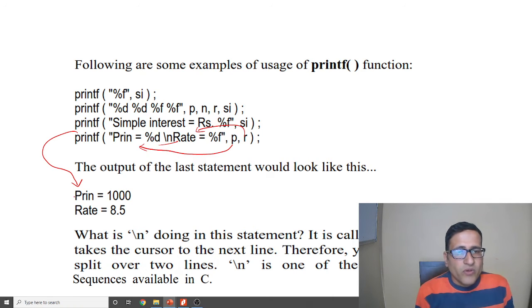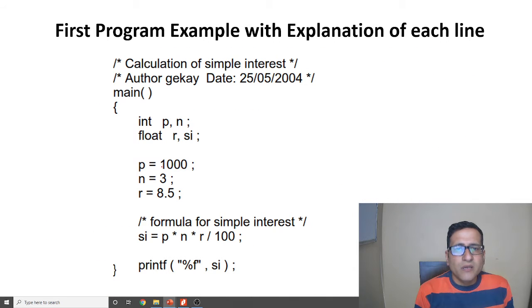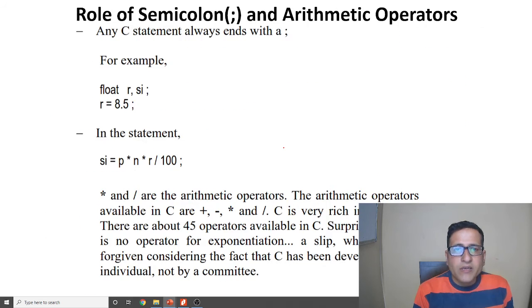Firstly we will find the output: principal is equal to 1000. This value can be anything which will be entered. Like in our program, if we see, it is given here 1000. So it will be principal is equal to 1000 and n is equal to 3 if it is n.